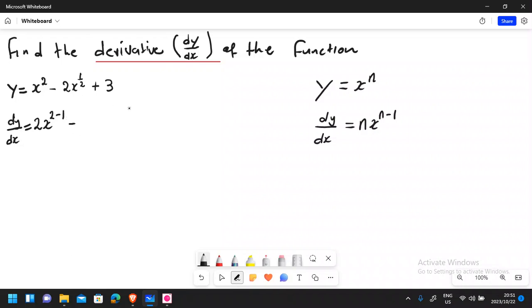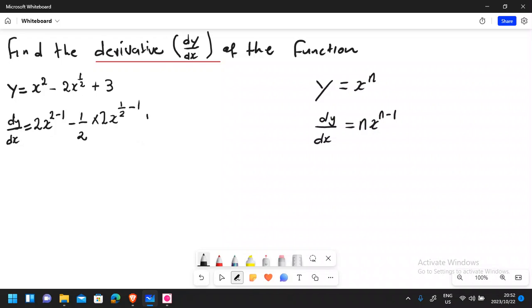Now the second term, what is our n here? Our n is 1 over 2. Our n is a fraction, by the way, and then you multiply by, not x, 2, I forgot 2, it's supposed to be 2, and then x to the power of half. All right, minus, don't forget this is our n, by the way, minus 1.